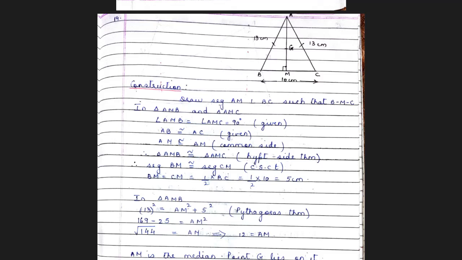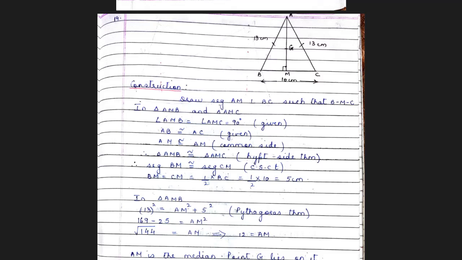Now for construction, draw segment AM which is perpendicular to BC such that B-M-C. Okay, so AM is the perpendicular. In triangle AMB and triangle AMC, you have angle AMB equal to angle AMC is 90 degrees. That's given. Now AB is congruent to AC. It's given as 13 centimeter.